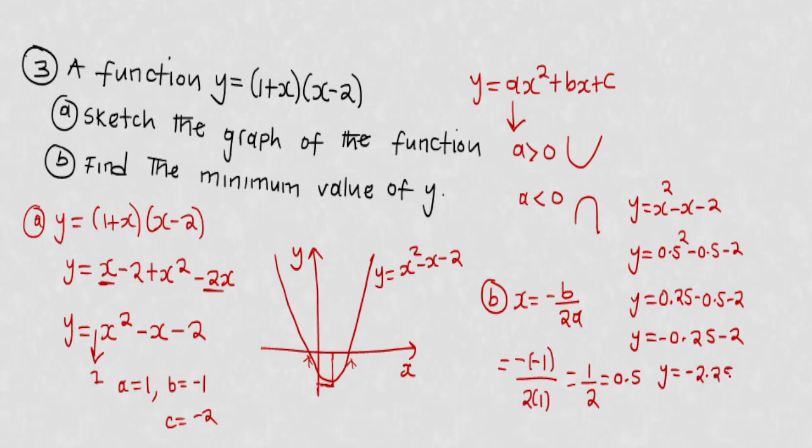2.25. Then I'm going to just round off the value to the nearest whole number. So I can just say the value of y is equal to negative 2. Negative 2 is the nearest whole number. So I'm going to say this is negative 2, then this is half.